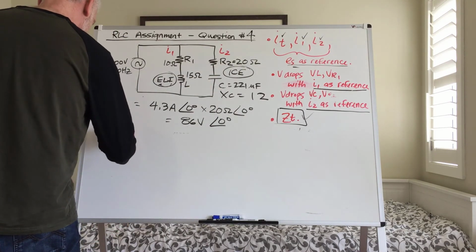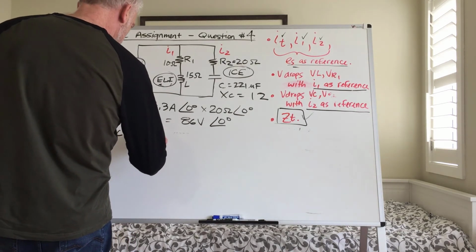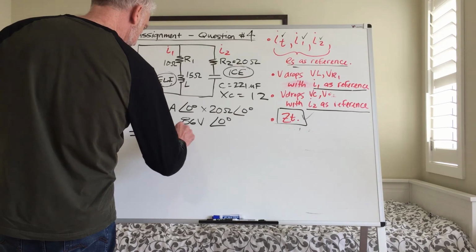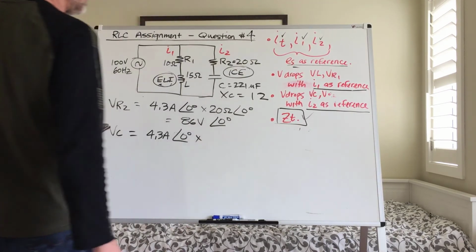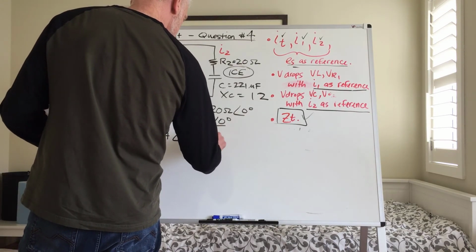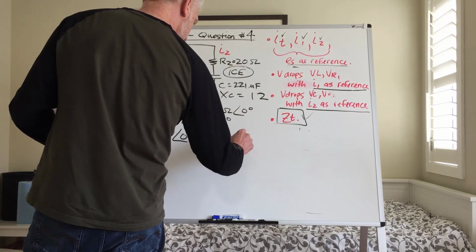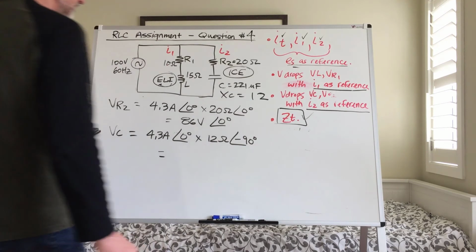Now we move on to VC. VC is going to be our 4.3 amps at 0 degrees as a reference, but we're going to have to multiply that by our XC value, which we know is 12 ohms at minus 90 degrees. Right?